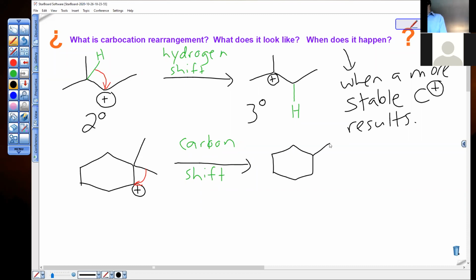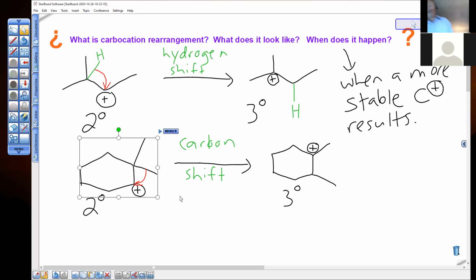Now, this carbon has 3 bonds. This methyl moved. The carbon down here had an H and 2 bonds to carbon. Now it's got an H and 3 bonds to carbon, full octet. Carbon above lost a 4th bond, so it's down to 3. And why did it happen? Because we went from a less stable secondary carbocation to a more stable tertiary carbocation.